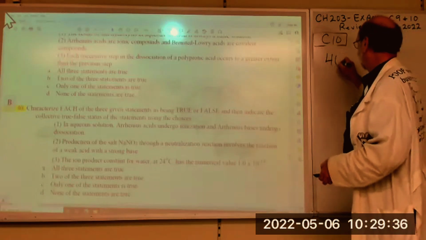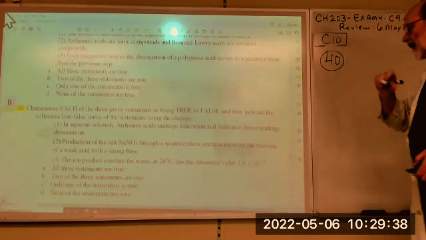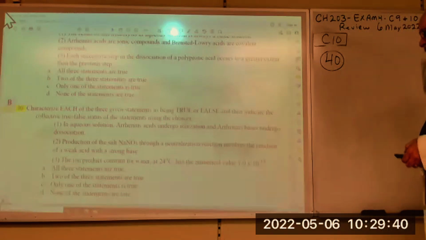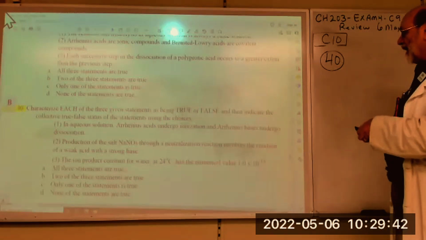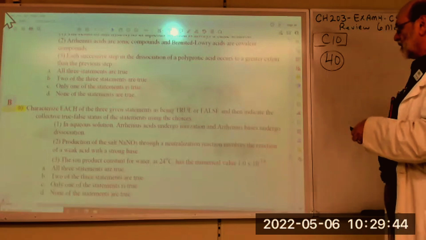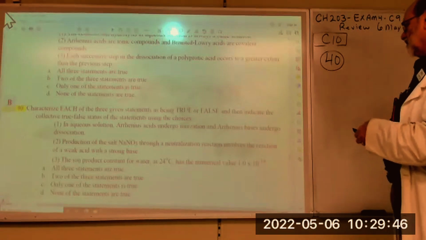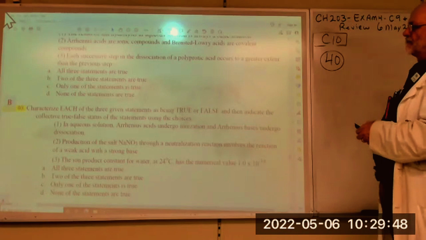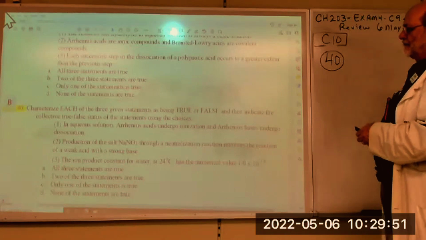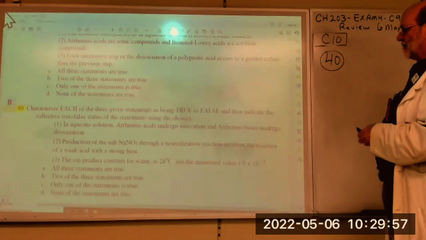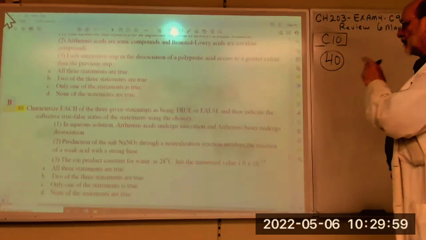40. In aqueous solution, Arrhenius acids undergo ionization and Arrhenius bases undergo dissociation. I think it's the other way around. No, that's right.